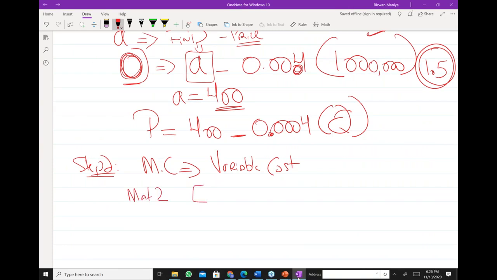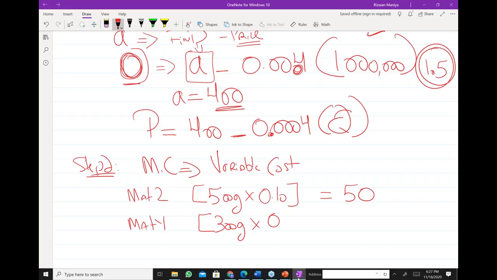Material Z, 500 grams multiplied by 0.1 is 50. Material Y, 300 grams multiplied by 0.5 is how much? 150. Okay. Simple. Great.